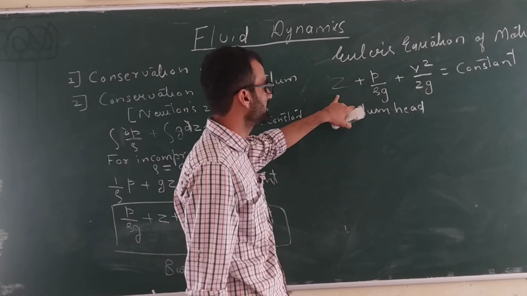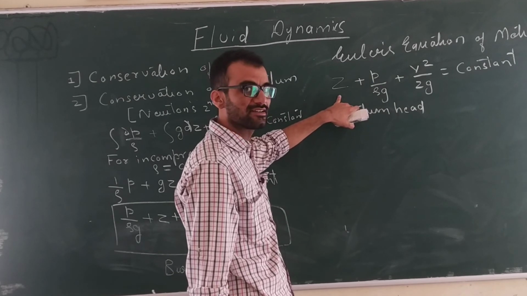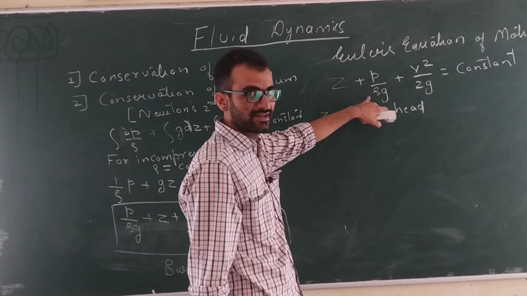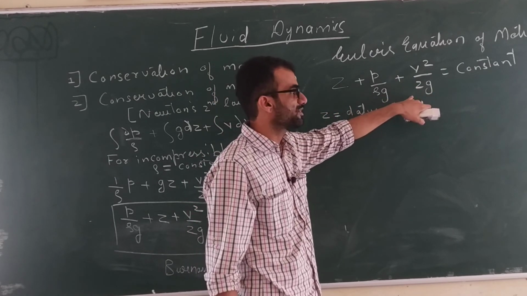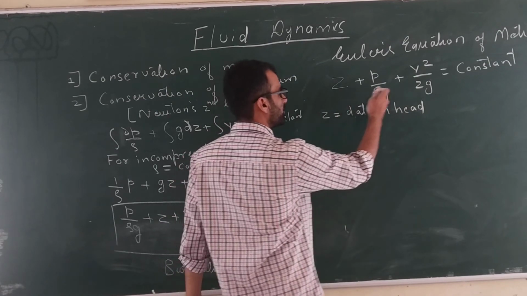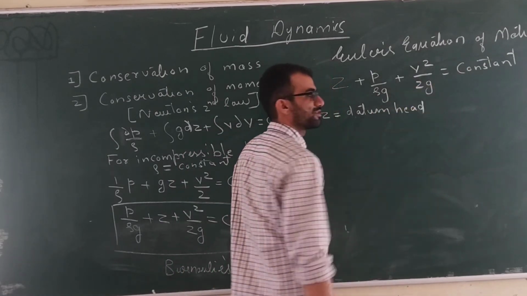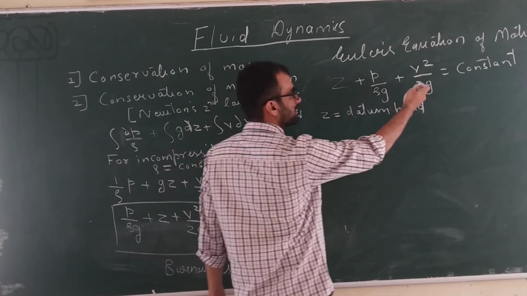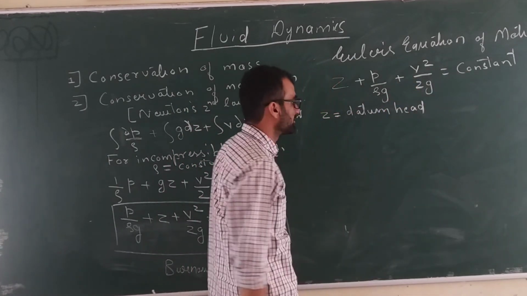Z represents the potential energy head or datum head, P by rho g represents the pressure head, hydrostatic pressure head, and V square by 2g represents the velocity head or kinetic energy head. And the sum of all three heads will always be constant. So that is what Bernoulli's equation states. So energy remains constant along a streamline.